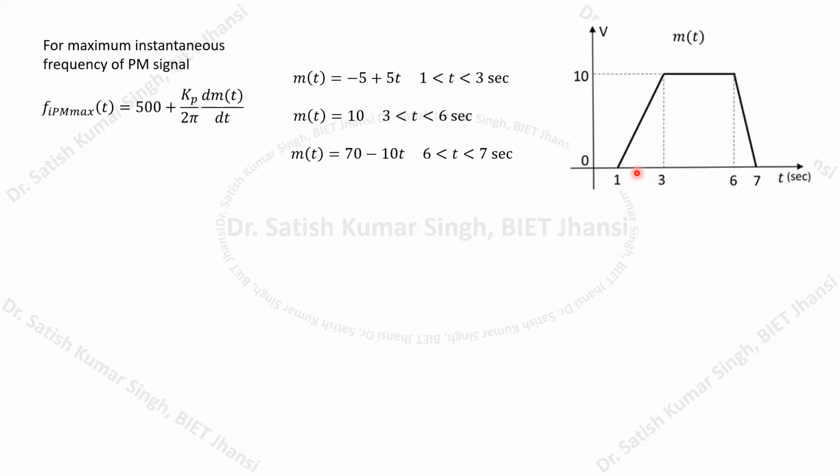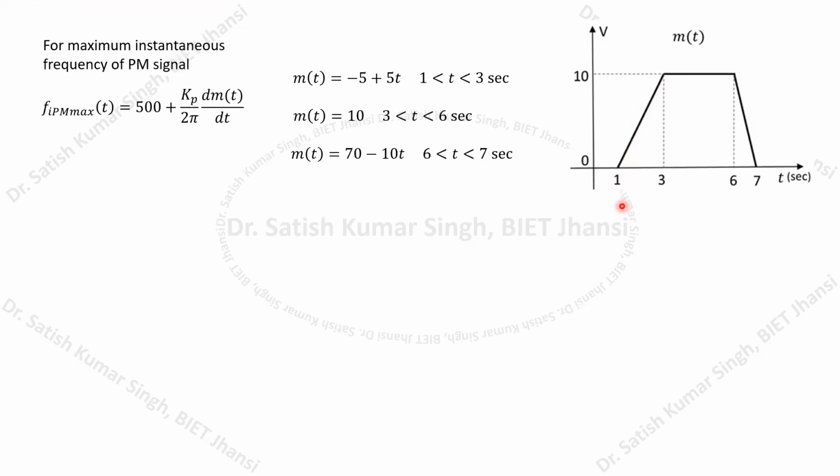Here you can see that it is a rising ramp function. Within the 2 seconds, this signal voltage is changing from 0 to 10 volts. Therefore, this must have a slope of 5 units.